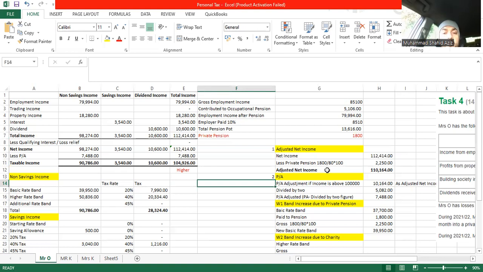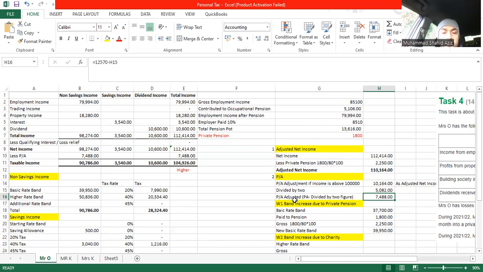So for the personal allowance, we know that if adjusted net income is more than £100,000, the personal allowance is reduced by half of the excess. In our case, 110,164 minus 100,000 leaves 10,164, and we need to divide it by 2, which equals 5,082.